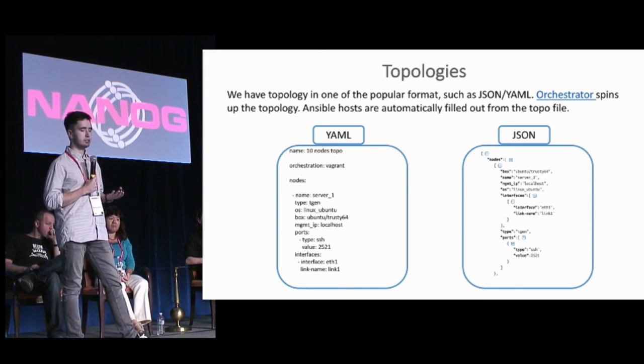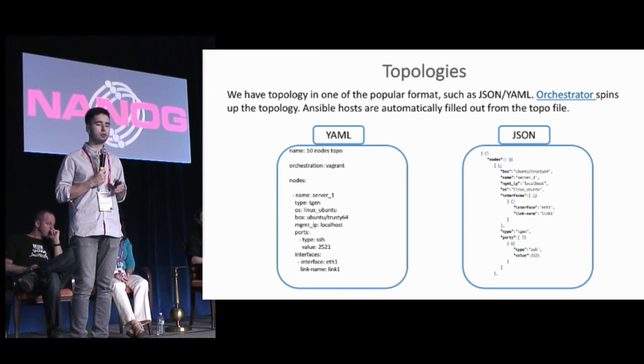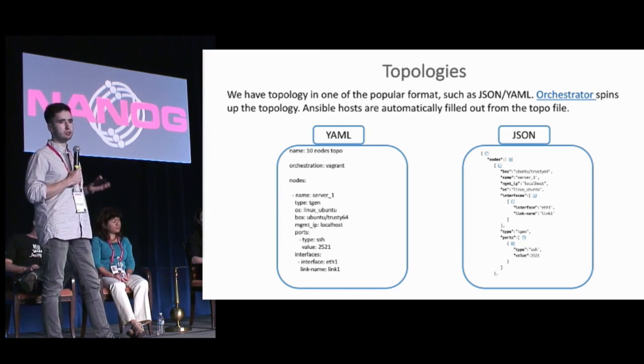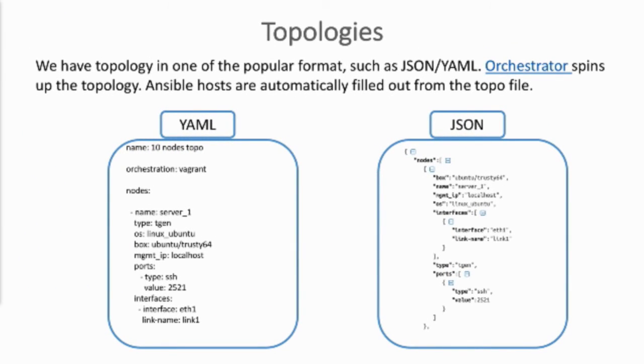Every link will have a name, and we implemented this solution for Vagrant, for example, but it could be for any orchestration method. So you have a topology, and the orchestrator will spin up this topology for you, and after that, Ansible hosts would be created for future management.